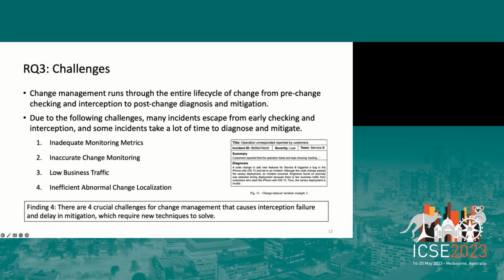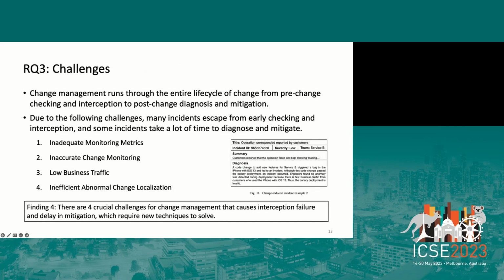For the challenge of low business traffic, post-change monitoring in change management relies on real-world business traffic to find issues hidden in changes during deployment. However, business traffic necessary for triggering issues in changes can be low or even absent in some scenarios.